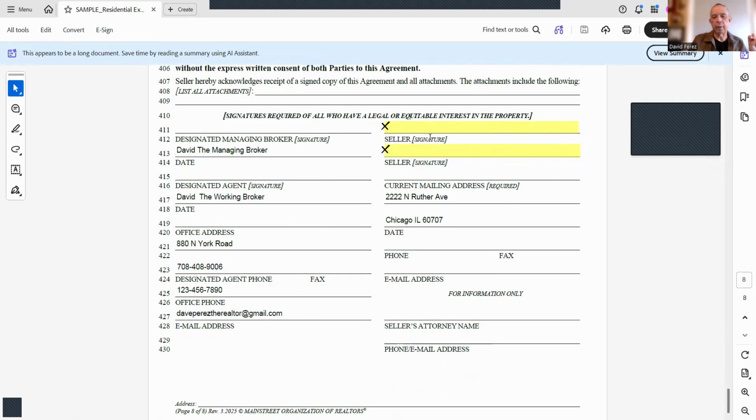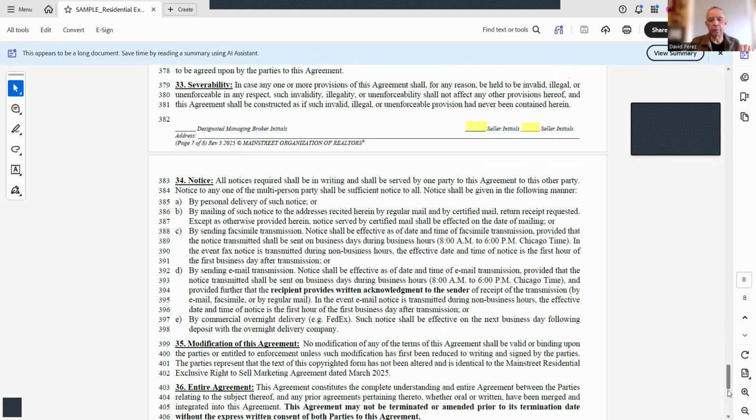If it's a couple, we need two. If it's more than two, then we'll obviously need more than two signatures. Current address is required. So wherever you're living at the time that you're selling the property, here's where the address goes. If you're living at the property you're selling, the address would go here. It would use the same address. Okay.